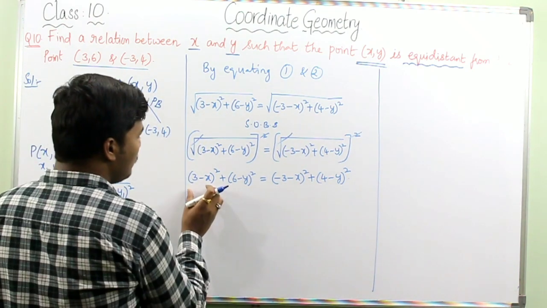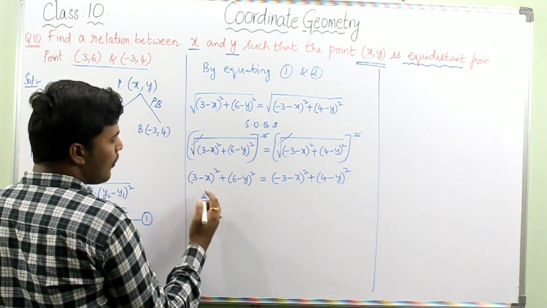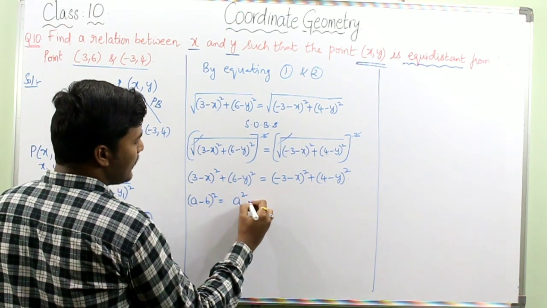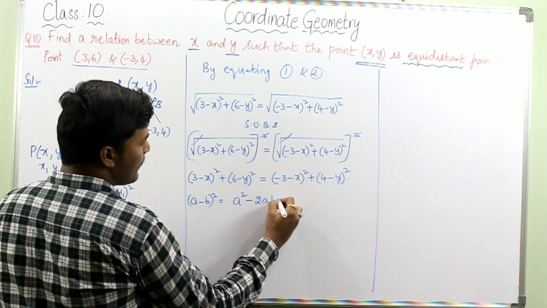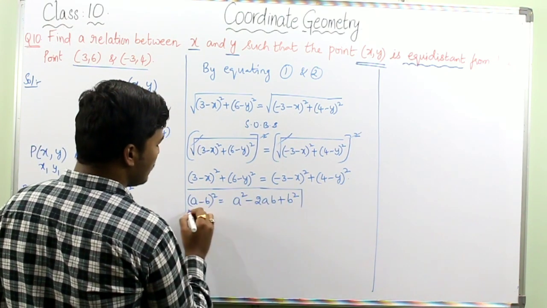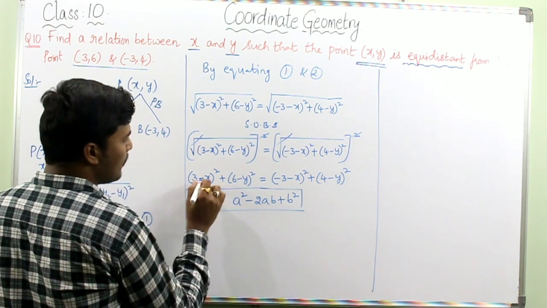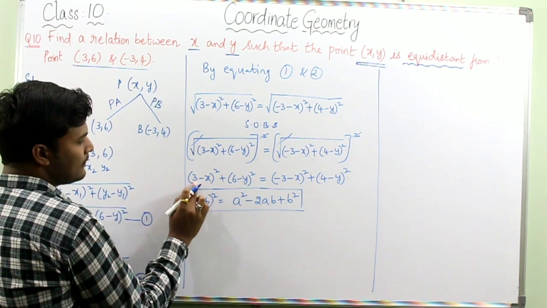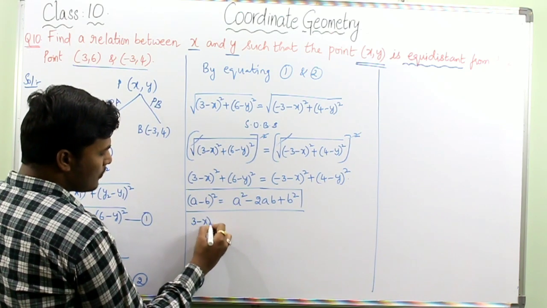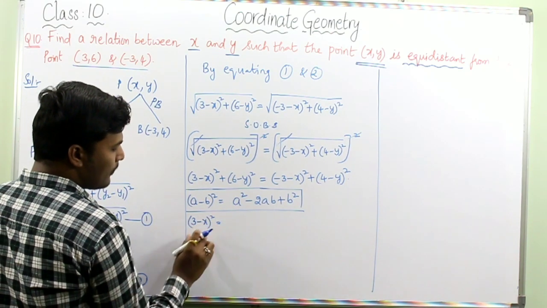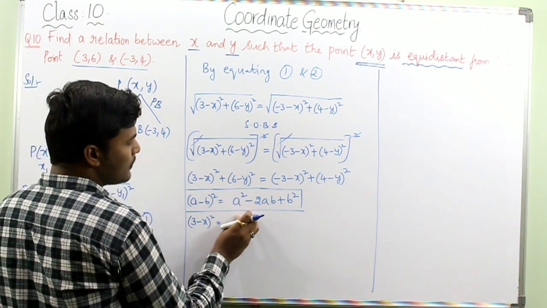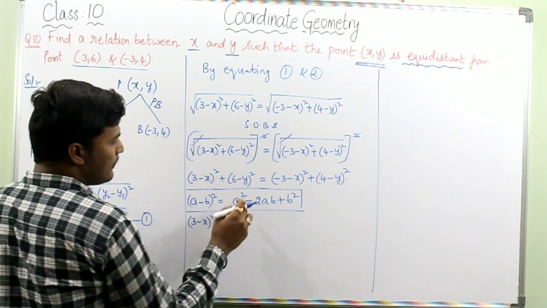Okay, so now this is very clearly in the form of (a minus b) whole square. What is (a minus b) whole square? a square minus 2ab plus b square. So let us substitute this formula for the above terms. So first let me expand them by using the formula, then I'll substitute there.